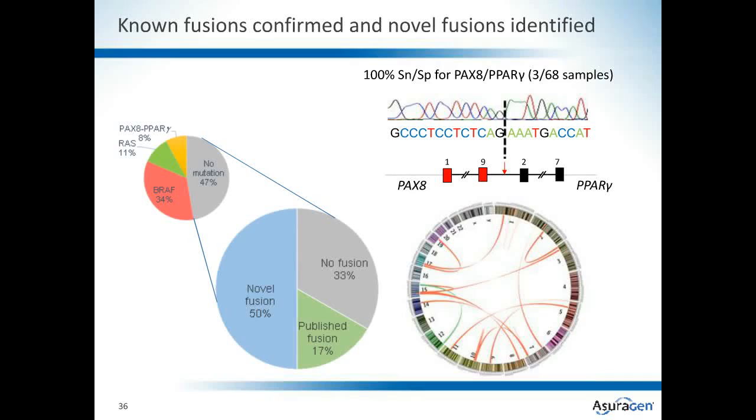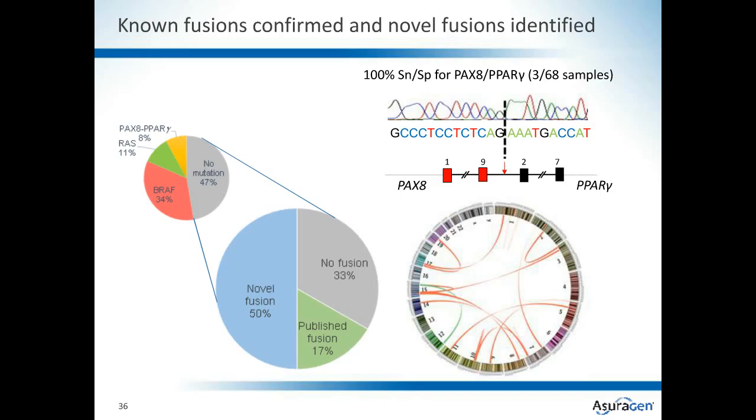Looking at the fusions that we confirmed from the perspective of the malignant samples that were previously negative for the common driver mutations, that 47%, we can see now that 2/3 of those previously mutation-negative malignant samples are now covered by one of these fusion events that we detected.